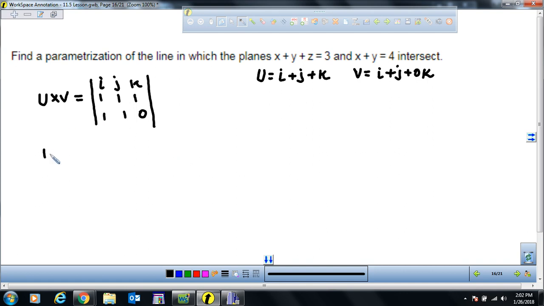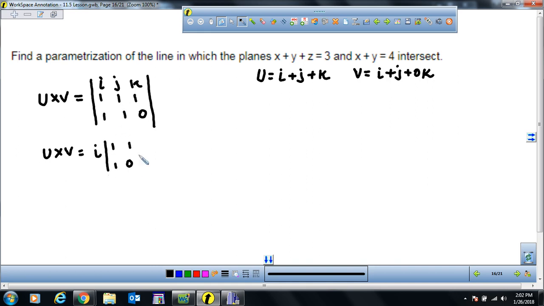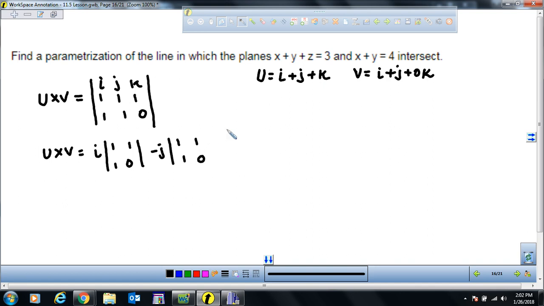So u cross v is going to give us the following. I'm going to write it all, so I'm not going to skip any steps here. That would be i times the determinant 1, 1, 1, 0, minus j times the determinant 1, 1, 1, 0, and then plus k times the determinant 1, 1, 1, 1.